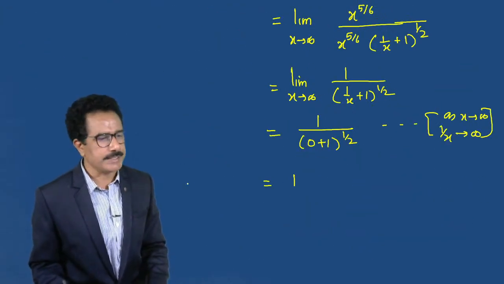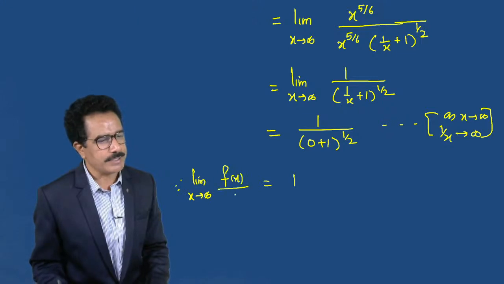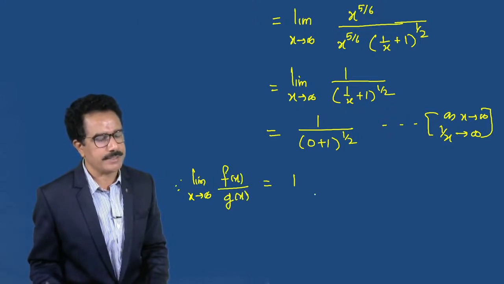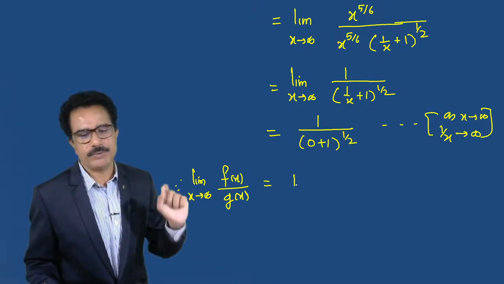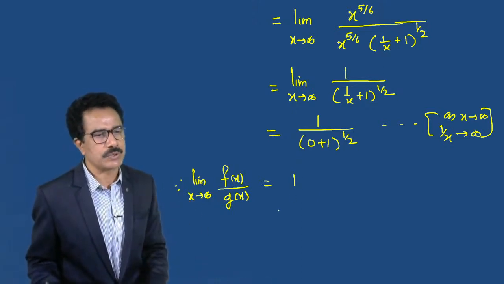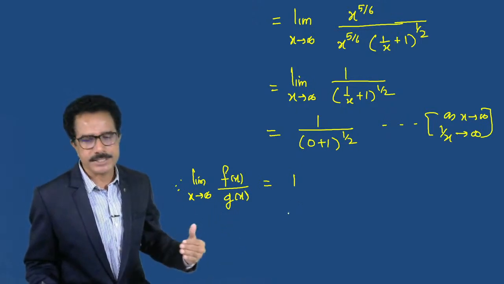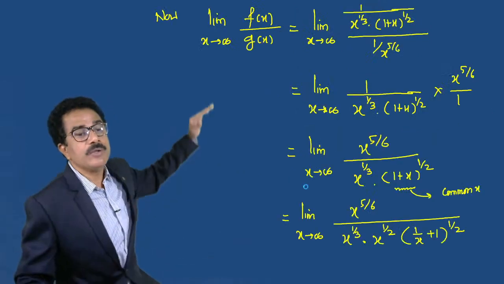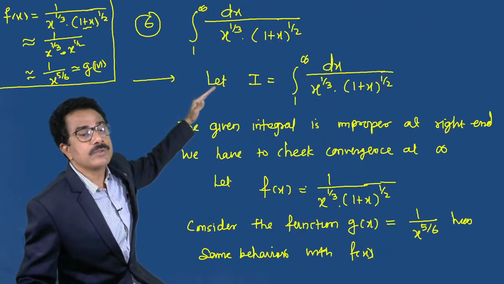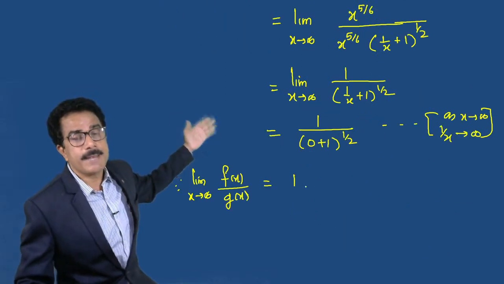Therefore, limit x tends to infinity of f of x divided by g of x is equal to 1. We can say that if the value of the limit is 1, then according to the comparison test, f of x and g of x have the same behavior.